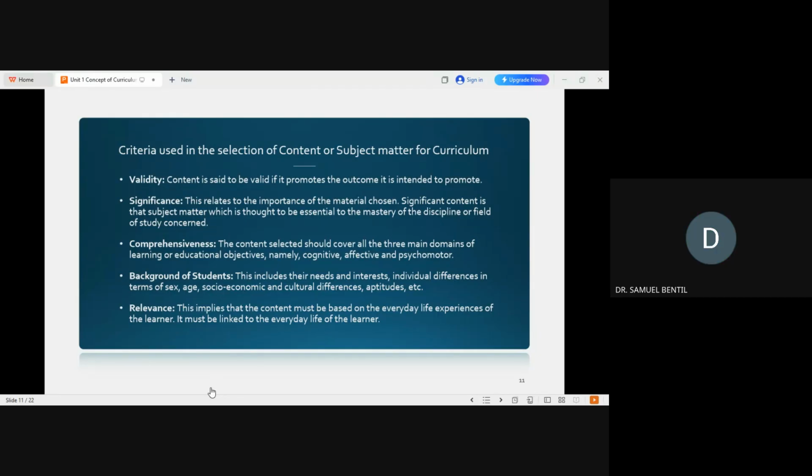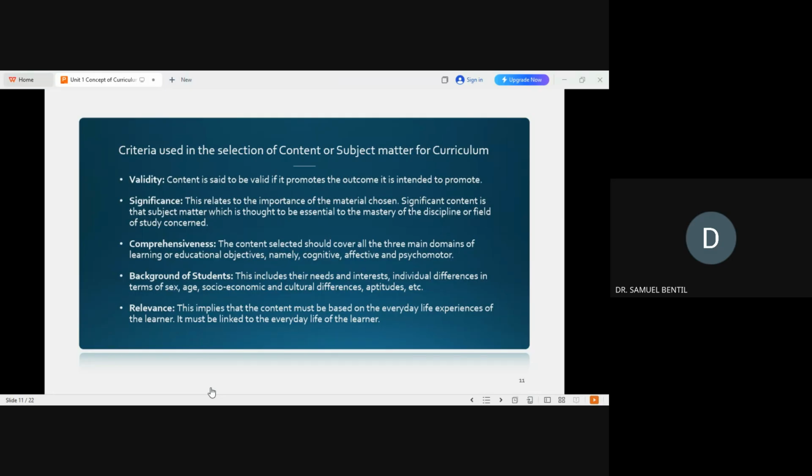Okay, so in terms of the relevance, we are talking about the fact that the content or the subject matter that you have selected for the learners to do must have a reflection. It should be such that they can be related to real life situation. You see, that's why we are saying that when you're able to do the needs assessment, to know the concerns and the demands of the society, it leads you to design aims, goals, and objectives that reflect the needs and concerns of the society.